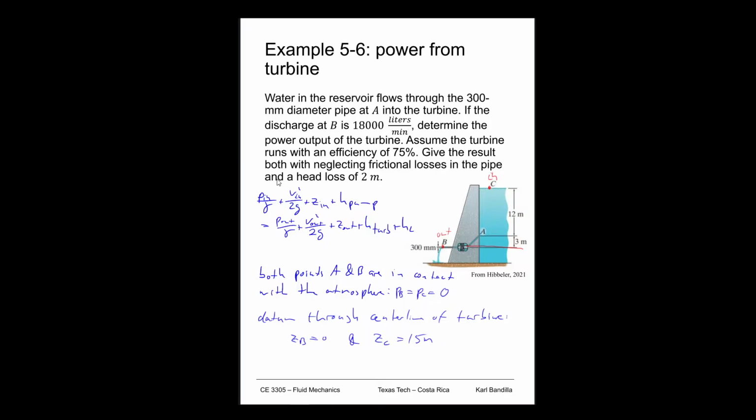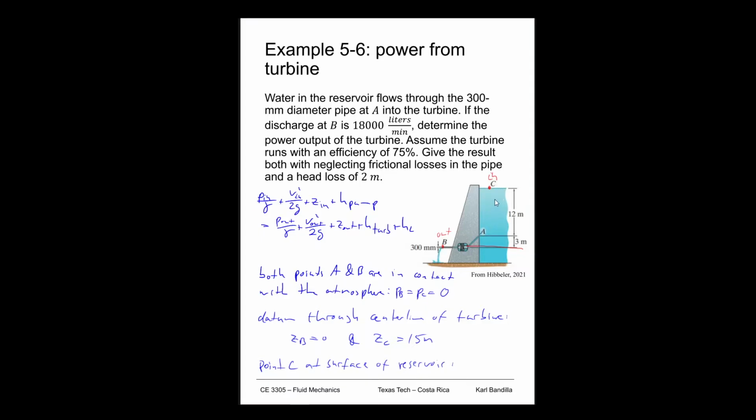Now, how about our velocities? Well, the velocity at C is easy because we're in a reservoir. So we can say that has to be equal to 0. We can sneak that here in the bottom. Point C at surface of reservoir.